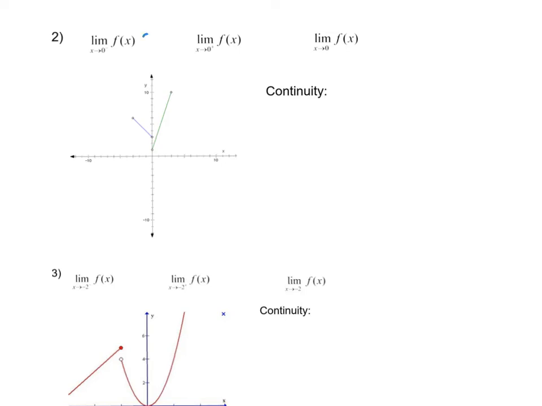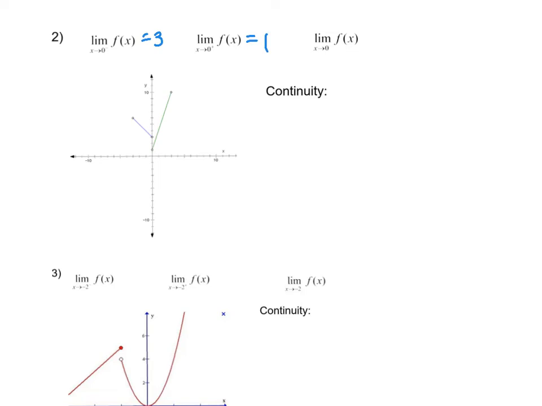So I'm going to say the limit as x approaches 0 from the left is equal to 3. However, as I approach 0 from the right side, I see that that's approaching a function value of 1. So, from the right side, we approach the number 1.